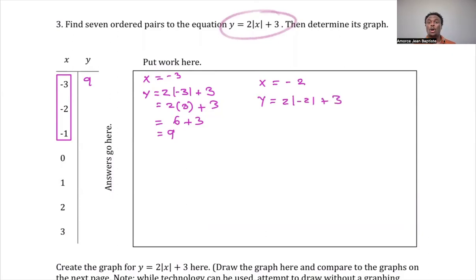Again, the absolute value of a number is itself if the number is positive, and its opposite if the number is negative. This number is negative, so the absolute value is the opposite of negative 2, positive 2, plus 3. So that is 4 plus 3, 7.